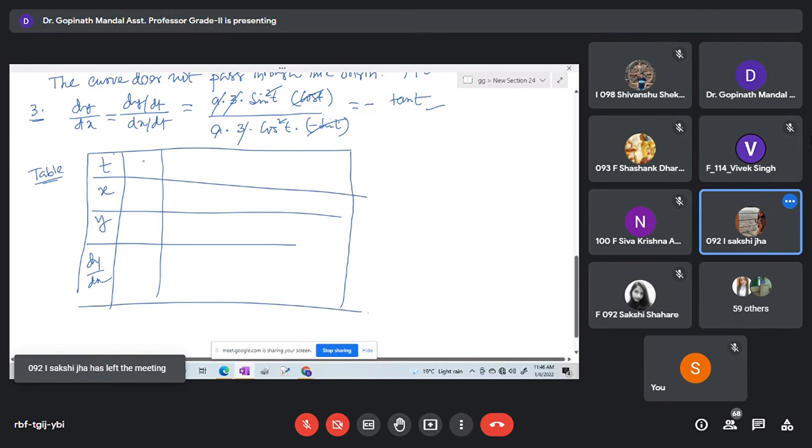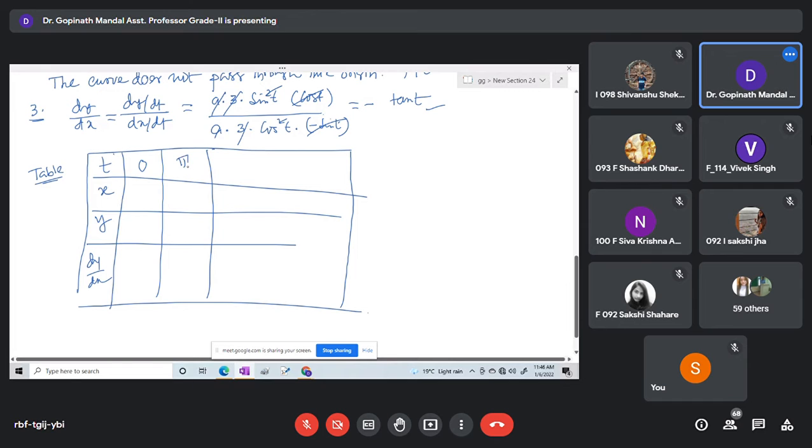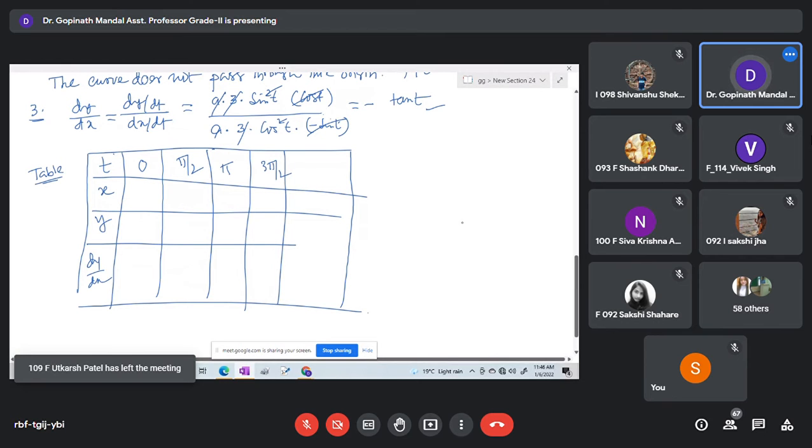The values of t are 0, pi by 2, pi, and then 3 pi by 2. Now at each point, what is the curve?